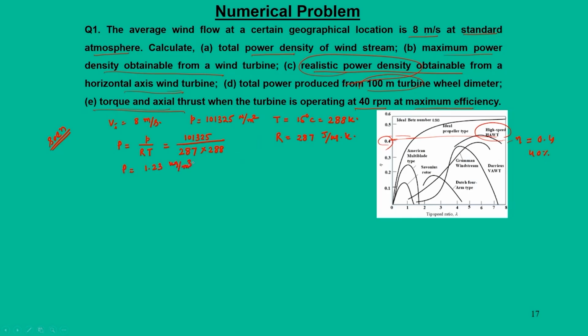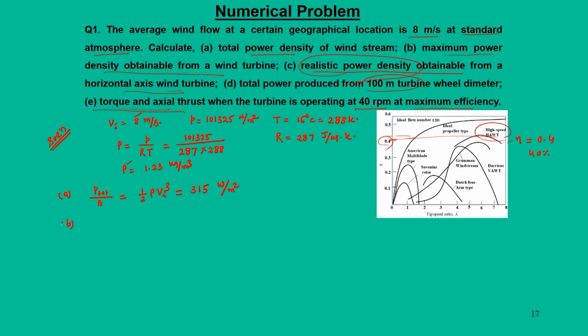So, the first expression, what is the total power density? So, total power density we say it is P total by A, and that becomes half rho Vi cube. So, we know rho, we know Vi. So, this number turns out to be 315 watt per meter square.